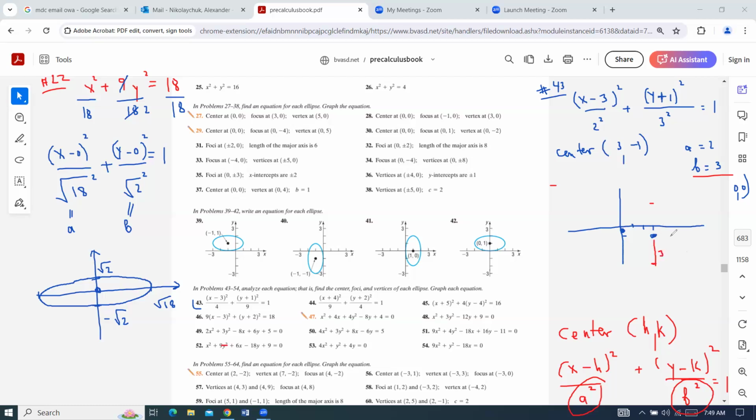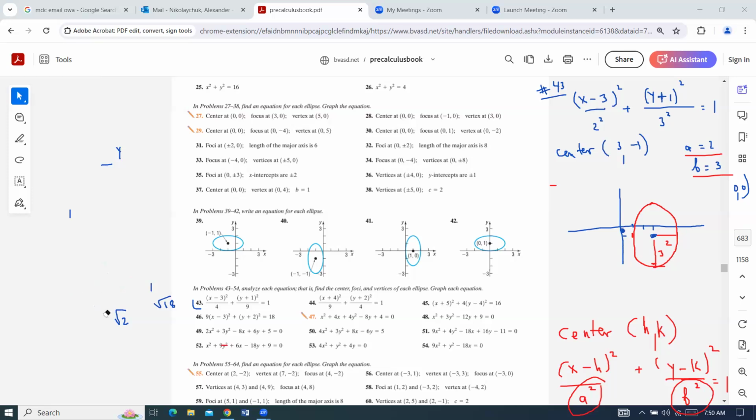So that's the number we go up and down by, and then 2. So it's a little less. So it's somewhere here and here, right? That's going to be 2 for a. So here's my ellipse that corresponds to this equation. So I'm trying to do my best to make a picture. It's kind of hard, but well, just try.